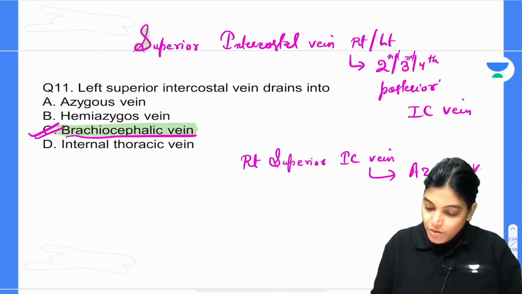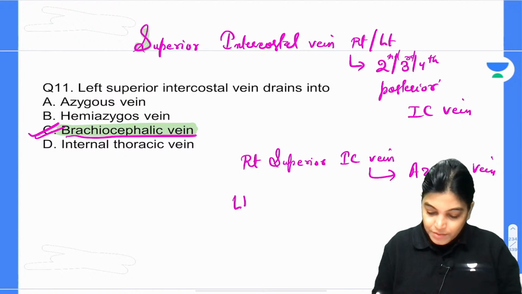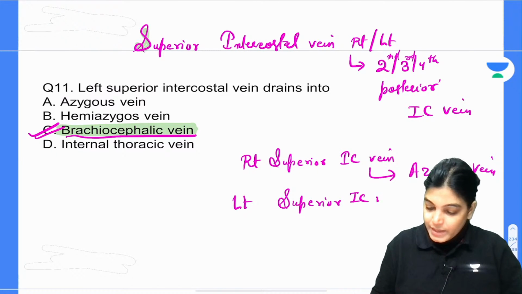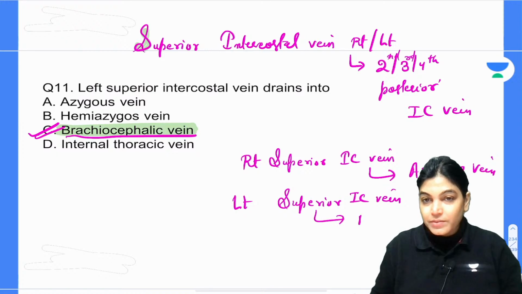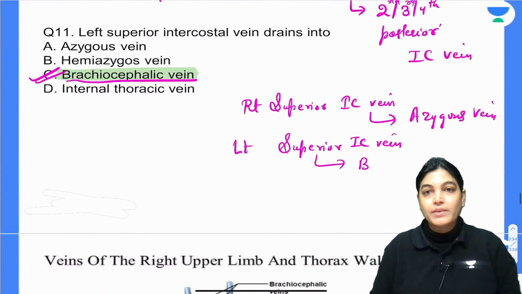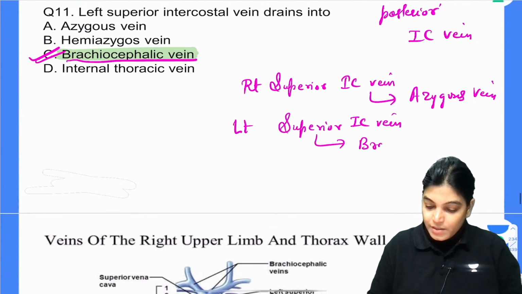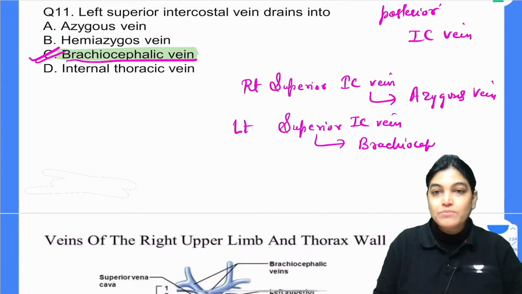But on the left hand side, the left superior intercostal vein drains into brachiocephalic vein. So in the MCQ it has been asked about the left hand side, so we will go with C as the correct answer.